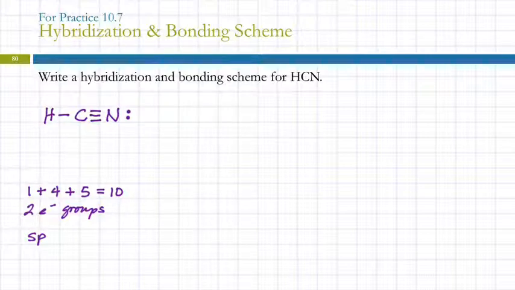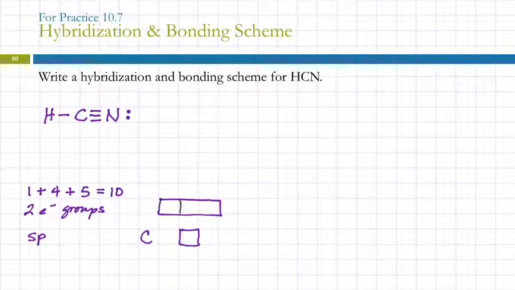Okay, so let's look at the orbital diagram for carbon. So I'm going to do the original atom as well as the hybrid.